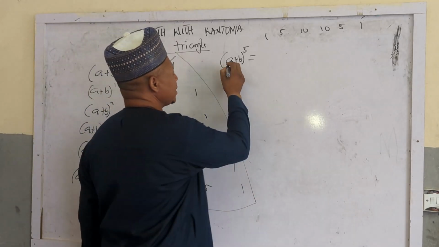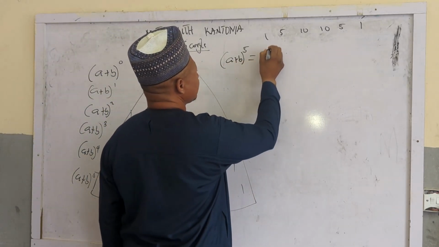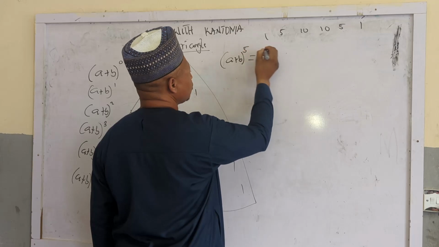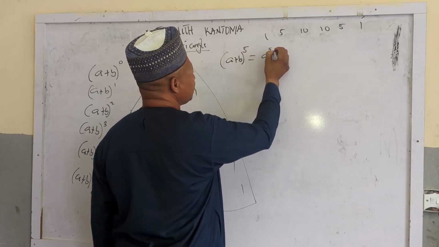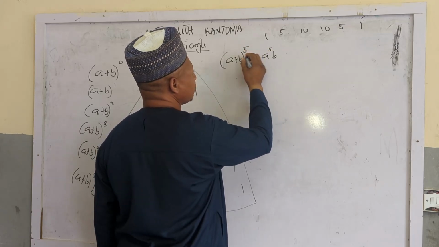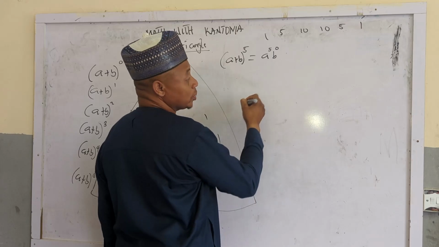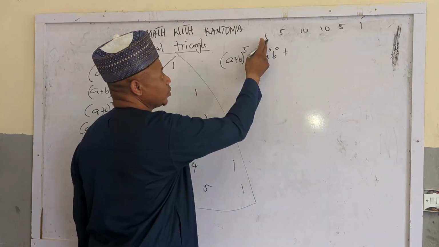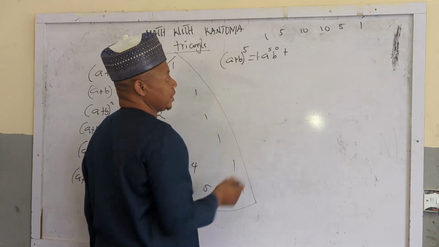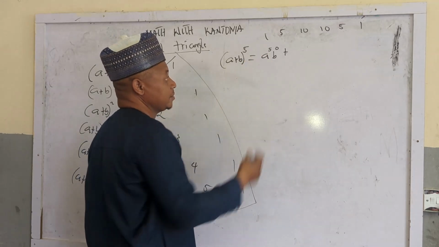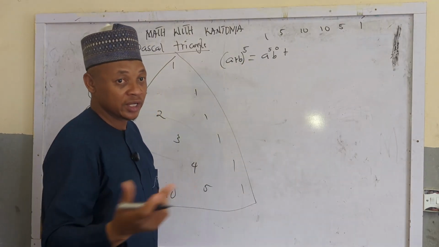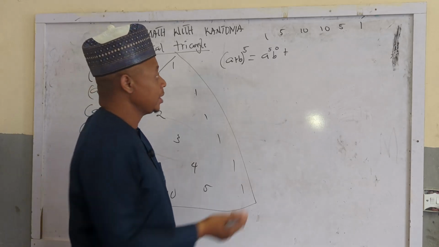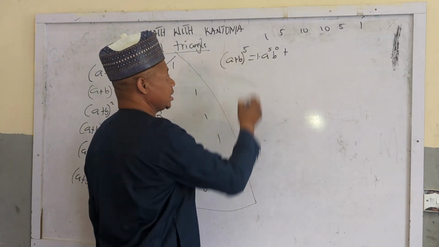The first term is a raised to the power of the highest value, which is 5, times b raised to the power of the lowest value, which is 0. The first coefficient is 1, so I can put the 1 here. But if I do not put it, it's still the same thing, because 1 times any number is that number. For the purpose of understanding, let me put the 1.